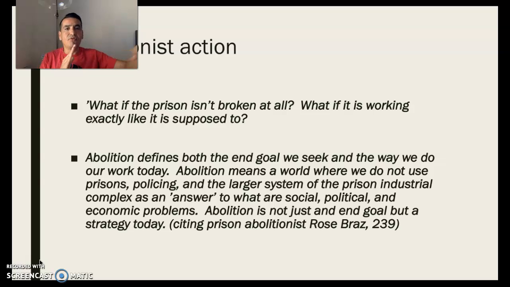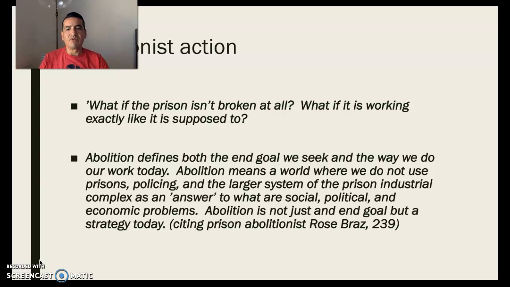So that happens through the prison, where prison laborers, firefighters out here in California, are brought out from the jails to fight these fires, right? For meager cents on the dollar. So, but what this quote that Dilts takes from, abolition defines both the end goals we seek and the way we do our work today.